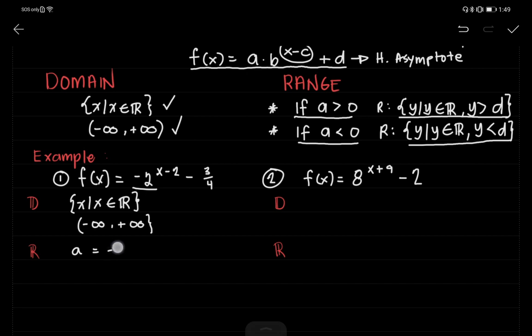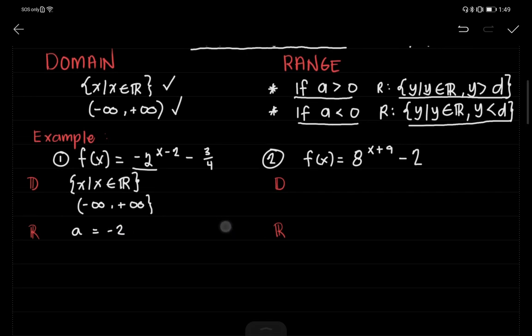Since si a natin is less than 0, so therefore, we can say that our range is a set of all y values such that y is an element of all real numbers where y is less than d.